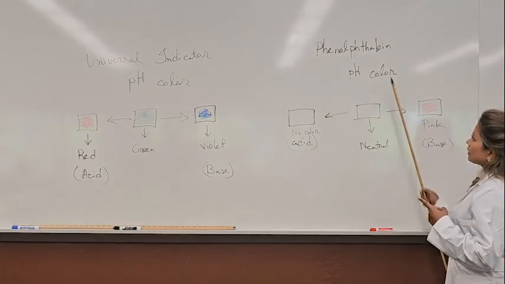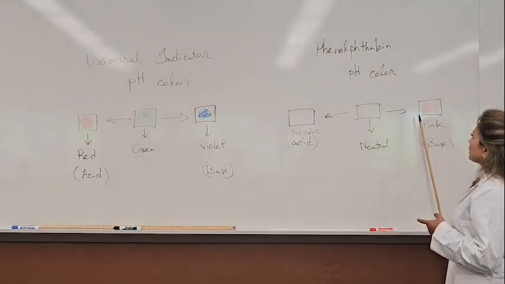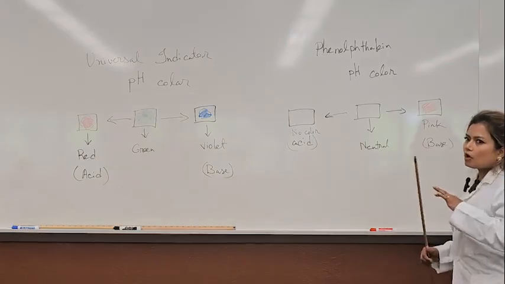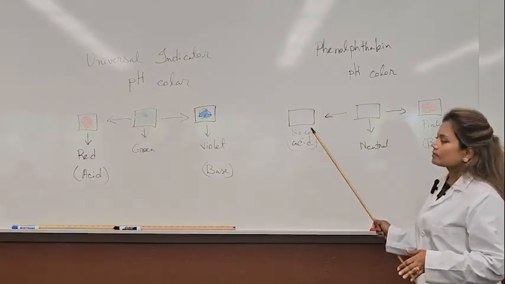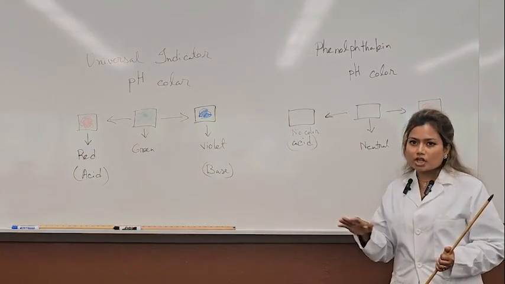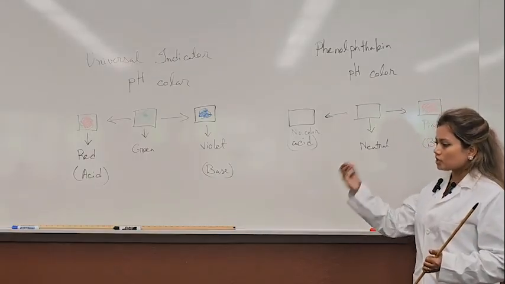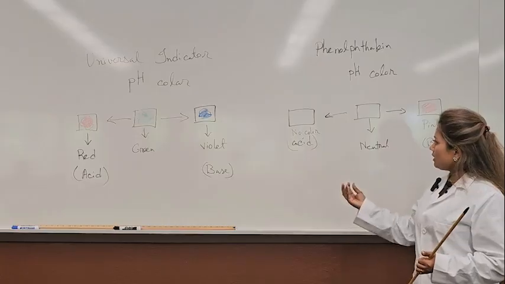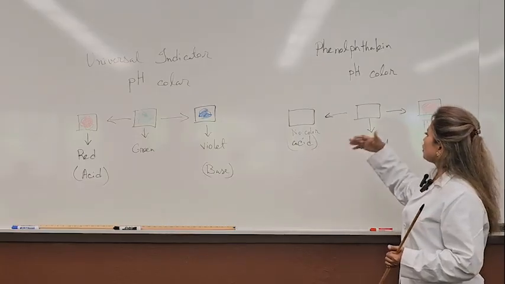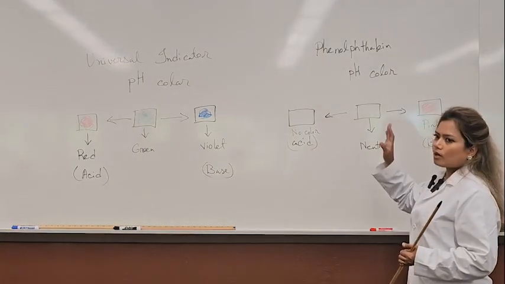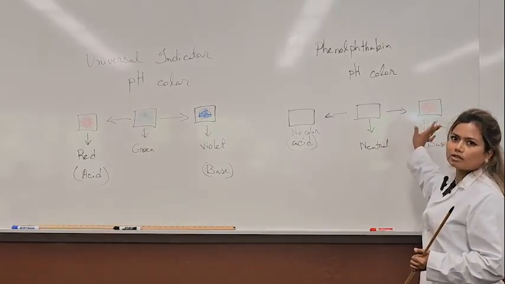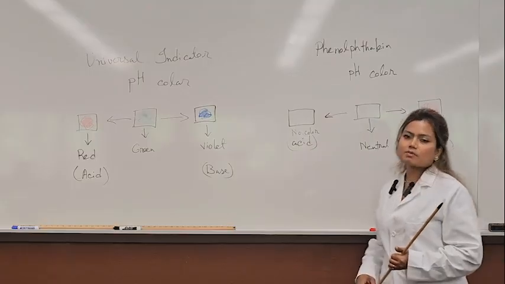Only one color you will get when you use phenolphthalein. If you get the pink color, that means it's a base. If you have no color, that means it's acid. That means the color doesn't change, whatever you started with remains the same. If the color changes, only one color will show: it should be pink. If it is pink, then it's a base.